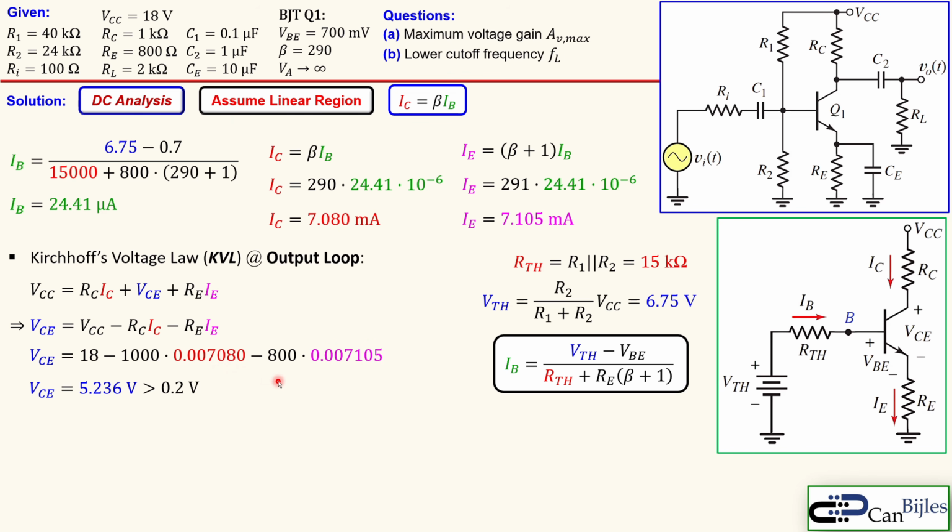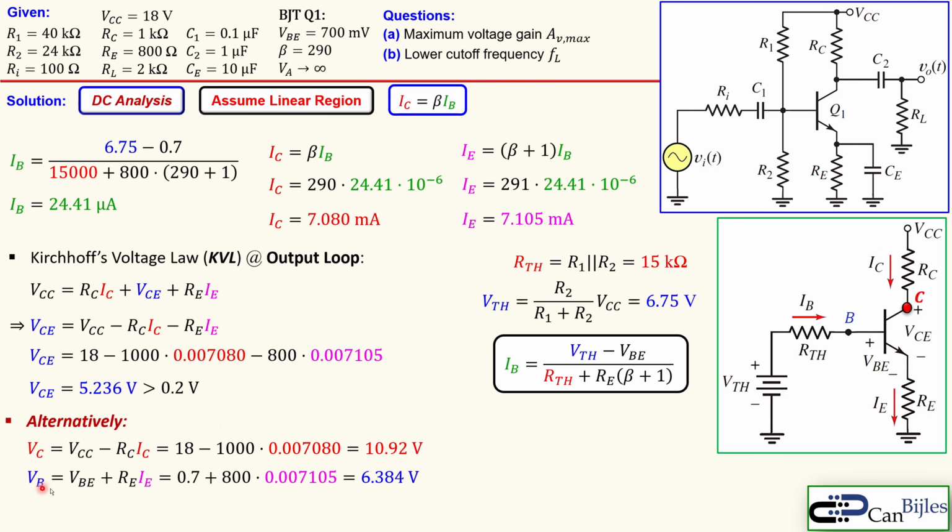We can also do it in an alternative way. You can look at the voltage at node C and at node B, and check the condition that the node voltage C must be larger than the node voltage B. Node voltage C is VCC minus the voltage across the resistor RC, which results in 10.92 volts.